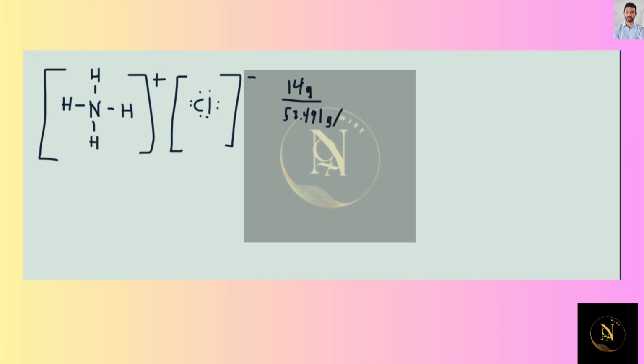That's going to give us moles. And then we have to divide that by the entire volume in liters. So that's going to be 0.500 liters. So that's going to be 0.523 molar.